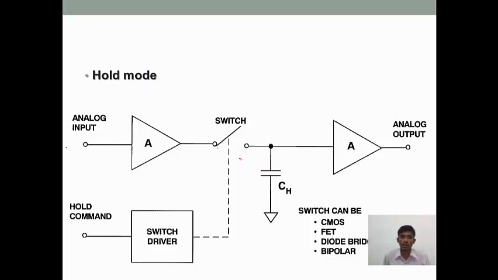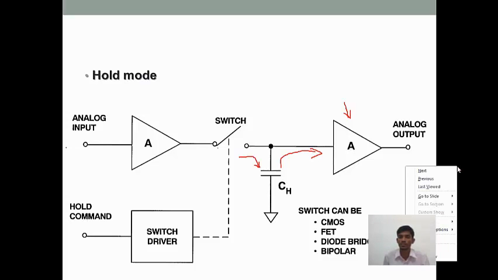Whatever supply it was given in the sample mode, it is already charged to that level and holds that charge till the conversion takes place. As I told you, this analog output stage has a high input impedance, so the capacitor will not get discharged very easily, as it has a high output impedance.